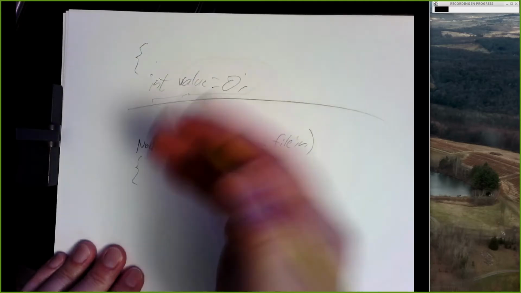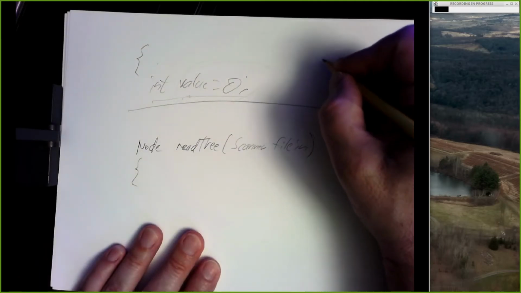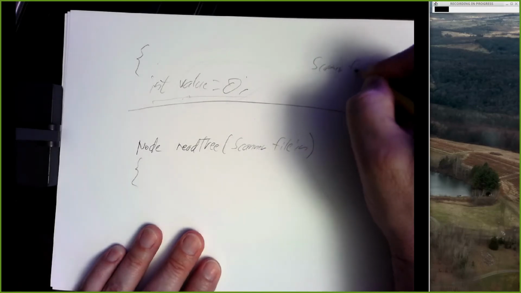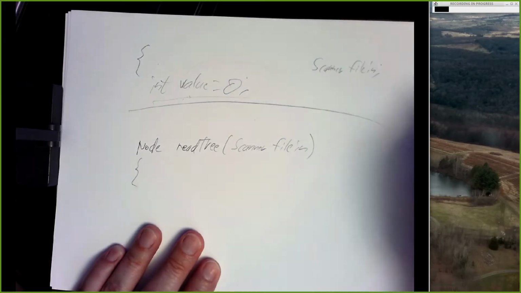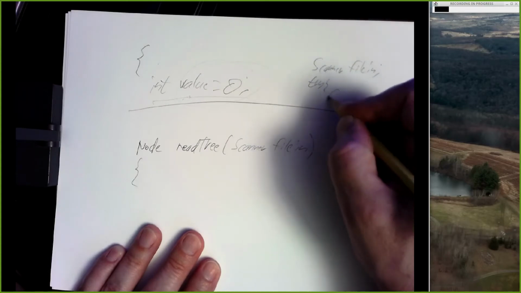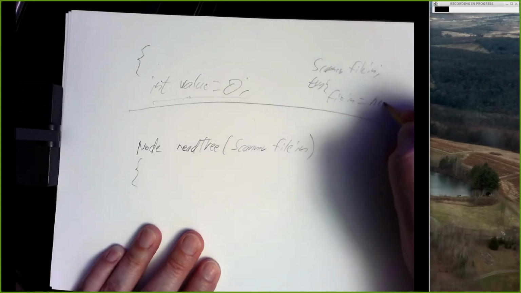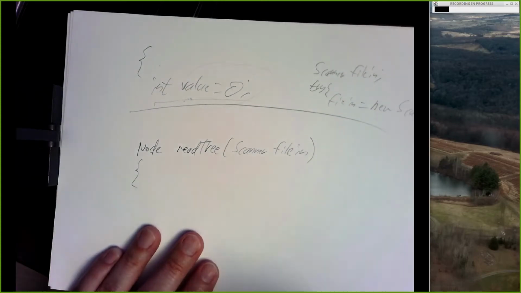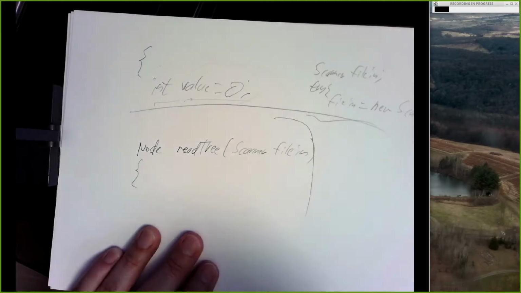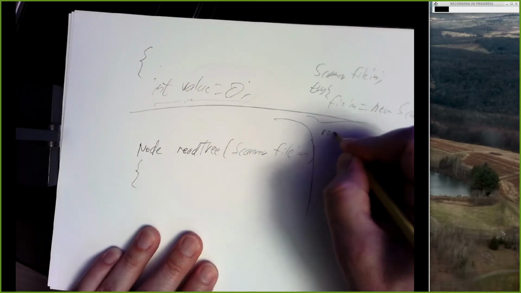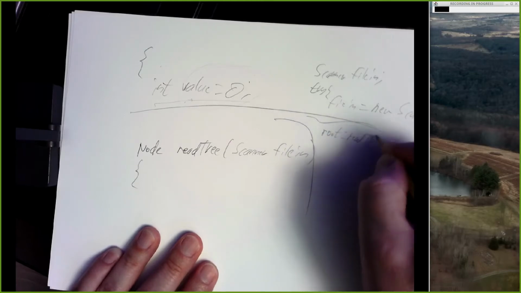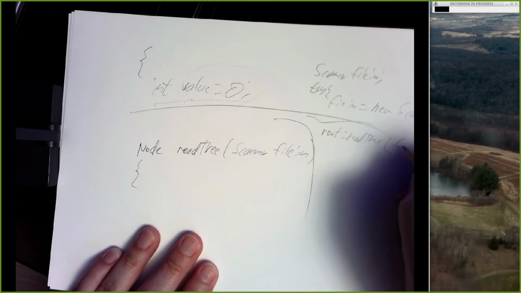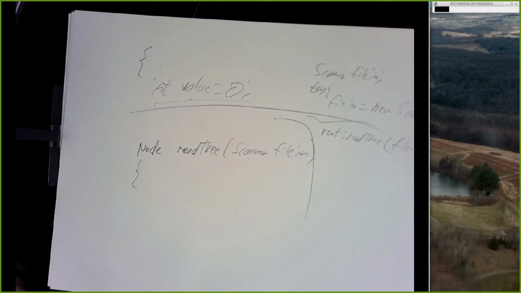And when I want to call this from my main program, I would do scanner file in, and then I'd do my try catch block business. So make a new scanner off of the file from 20q.txt or whatever the file name is. And then if I want to ingest the tree, I could say root equals read tree, and I just pass that scanner object. And it passes exactly like an integer or a string or anything else.